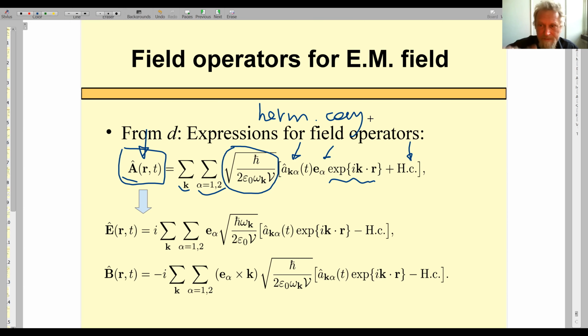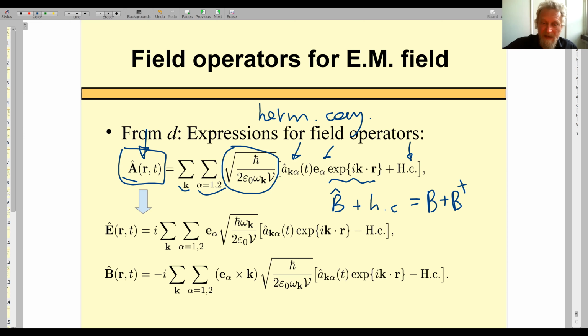So if I write anything, B plus HC, this means B plus B Hermitian conjugated. All right.